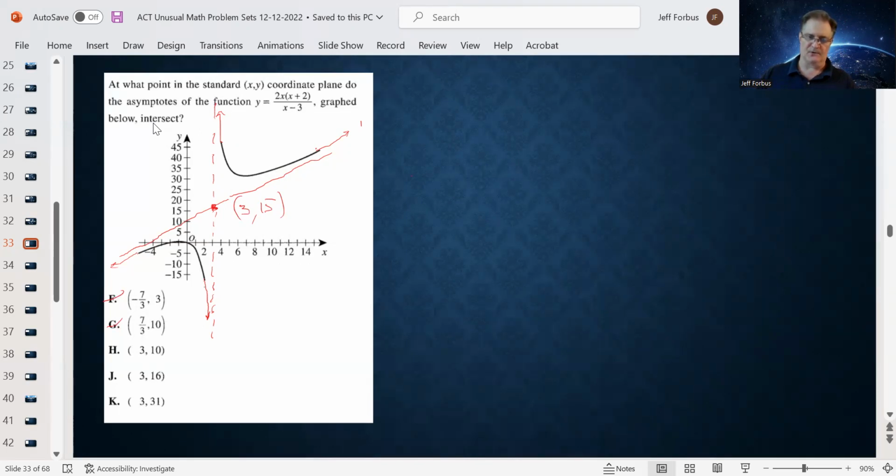So those are gone. But 3s all work in H, J, and K. H has 10. 10's not close to our point, so H is gone. J has 3 and then 16. 16 is very close to where our dot is at. K has a 31 for the Y value, so it would be way up here. So it can't be K, so it has to be J.